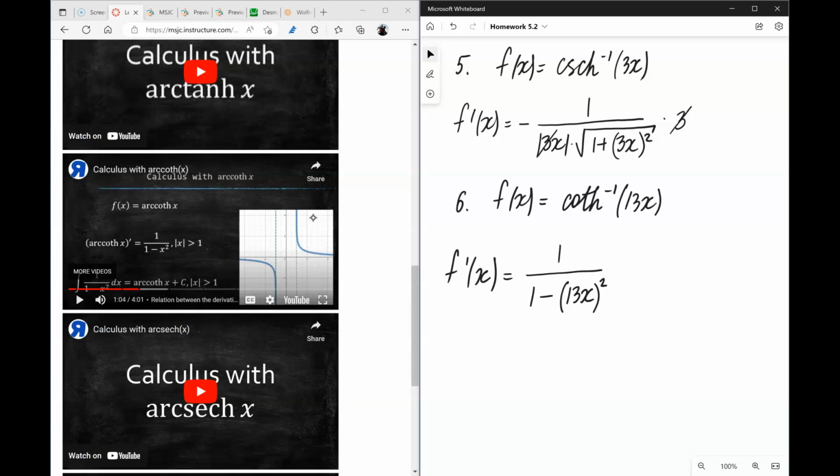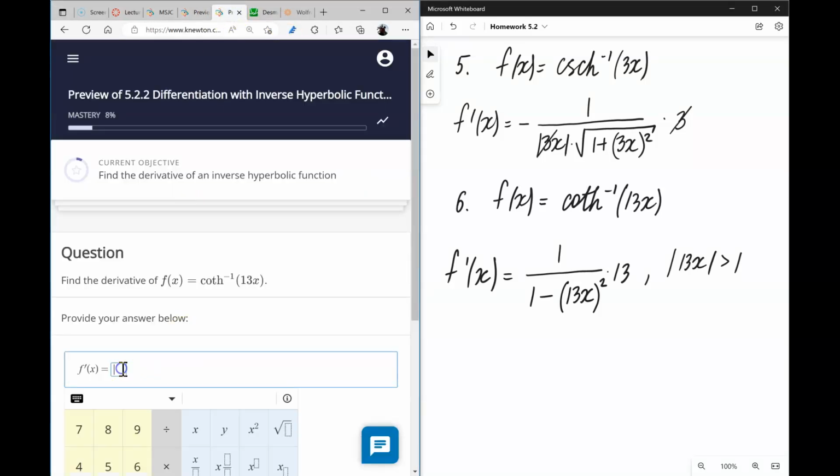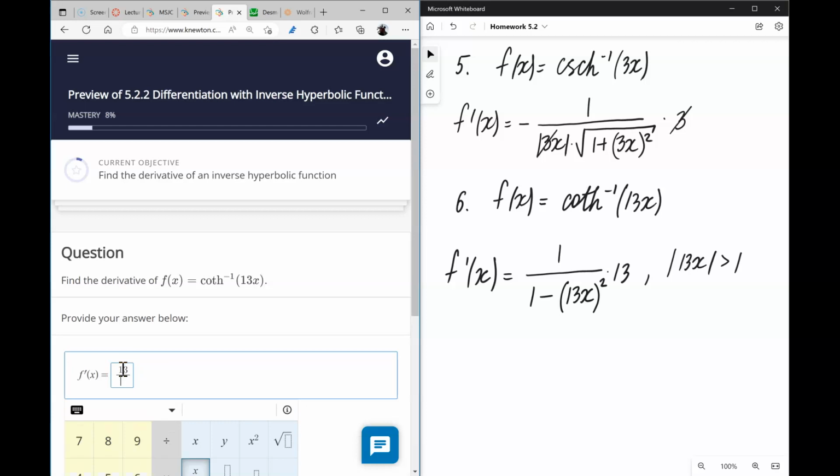There are some restrictions on the domain here, but I don't think we have to worry about it when we're differentiating. Technically, this only makes sense when the absolute value of 13x is greater than 1. But we're not done yet, because we have to multiply this by the derivative of 13x, which is just 13. So we're ready to type the answer. It's going to be 13 divided by 1 minus 169x squared.